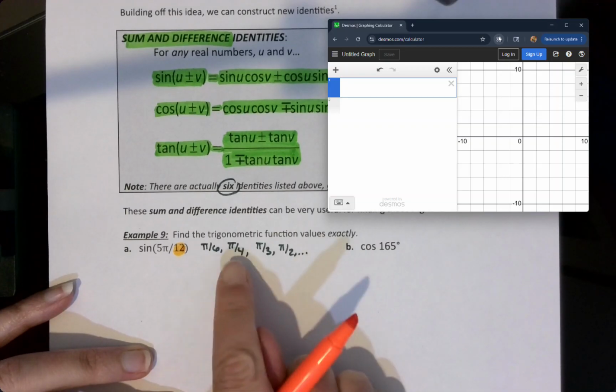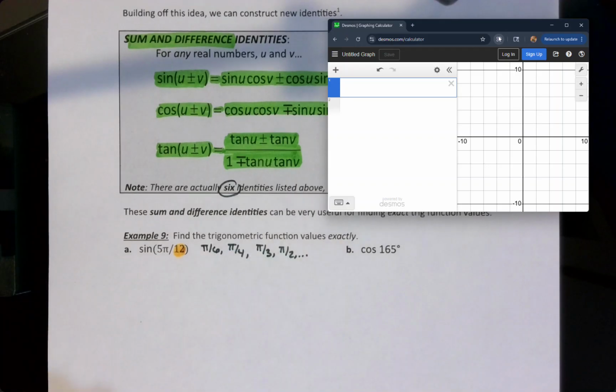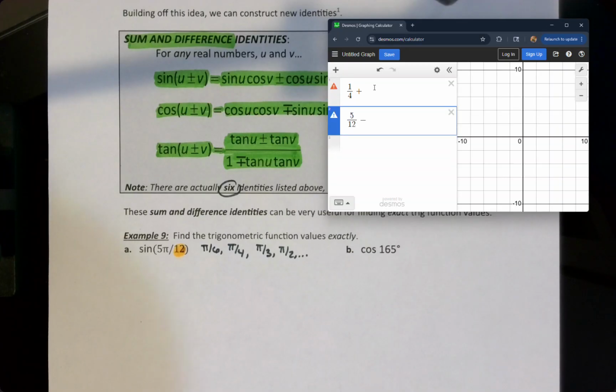So I'm actually going to go backwards here. What is 5 pi over 12 minus pi over 4? It's pi over 6. So we must need to take pi over 6 plus pi over 4 to get 5 pi over 12. So just kind of working backwards and thinking about what potential denominator values you would need in order to get a common denominator of 12.